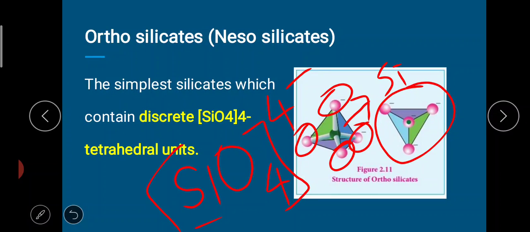So this is why we get the formula. And this one is the top view of this orthosilicate. You can see the silicon, the green color dot, in the front, and at the back side you have the other oxygen, and the remaining 3 oxygen are surrounded here.